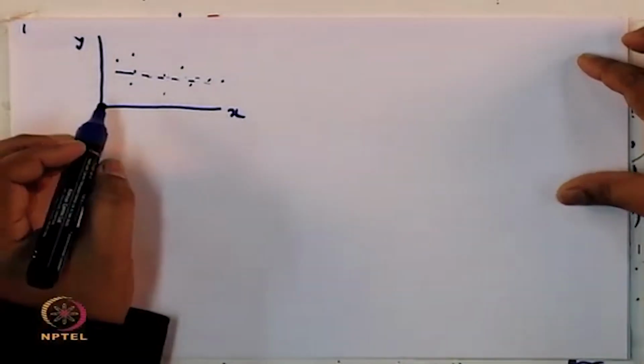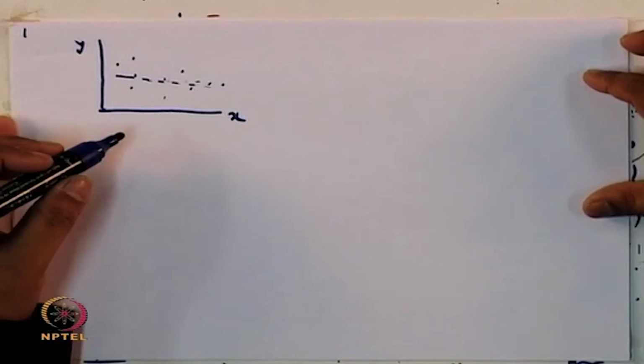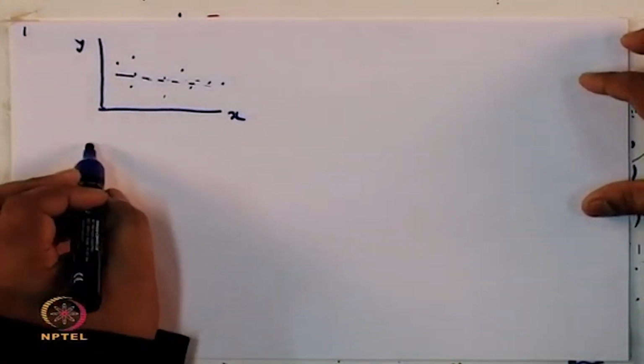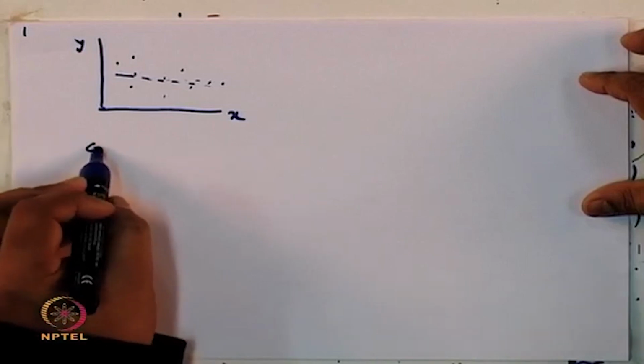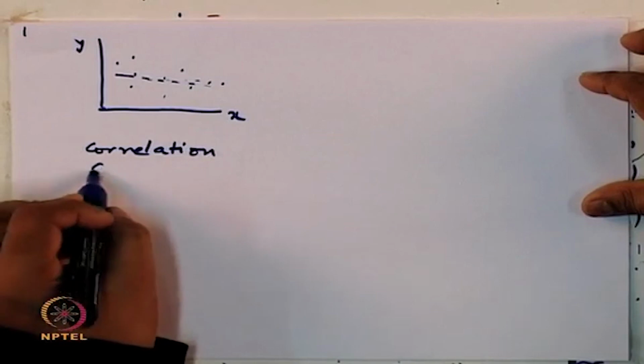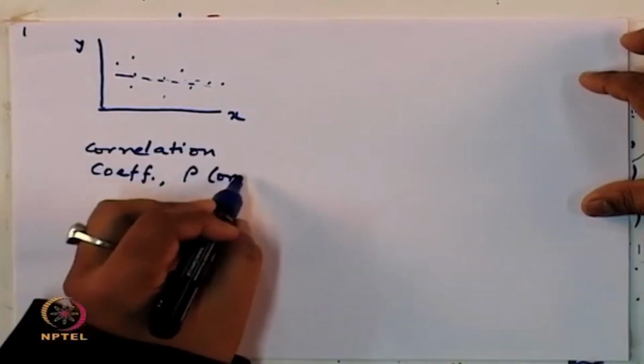To quantitatively determine the extent of correlation between two variables x and y, we compute the correlation coefficient. The correlation coefficient is written by either rho or r.